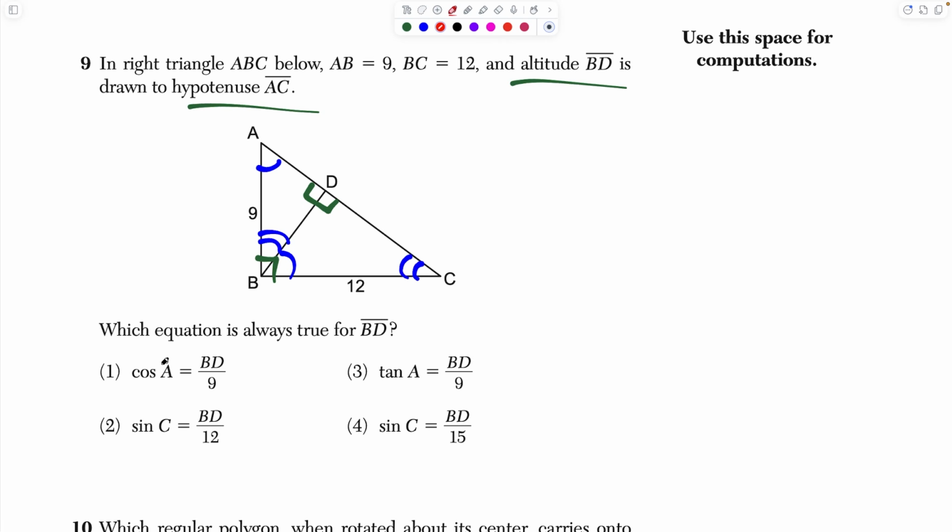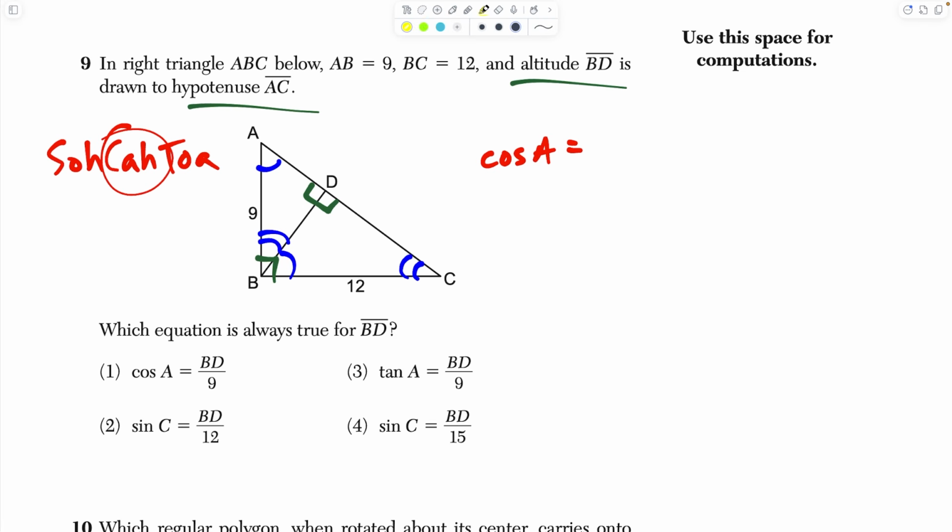So let's start off here with choice 1, cosine of A. So if we look and remember the phrase SOHCAHTOA, cosine is the ratio of the adjacent side over the hypotenuse. So cosine A equals BD over 9. But the problem with that is if we use the first answer choice, that ratio is referring to this small triangle over here.